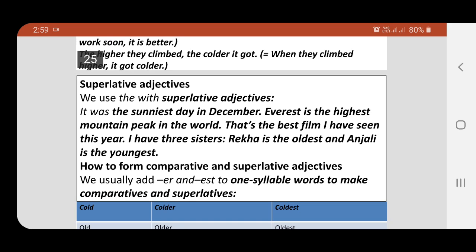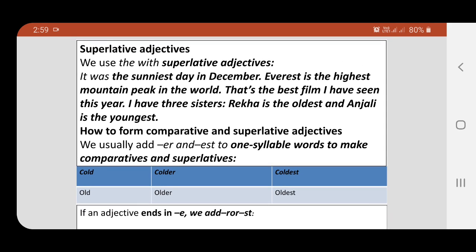And we have superlative adjectives. See, the word the is used with superlative adjectives. Than is used with comparative adjectives. Sooner than, more than is the word that is used after comparative adjectives.